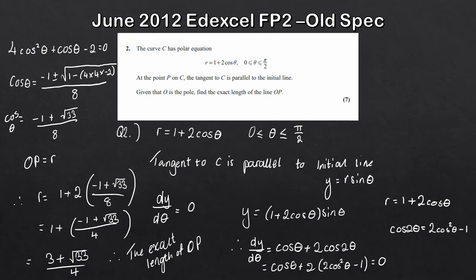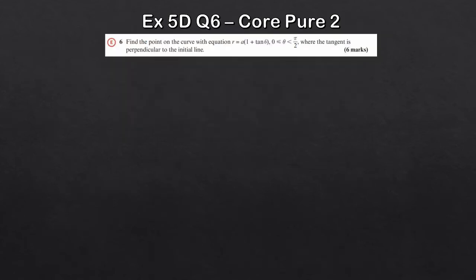So let's take a look at this very last question here. Again, pretty similar, this time from the textbook. So we've got r equals a times (1 plus tan theta). This time we're told the tangent is perpendicular to the initial line.